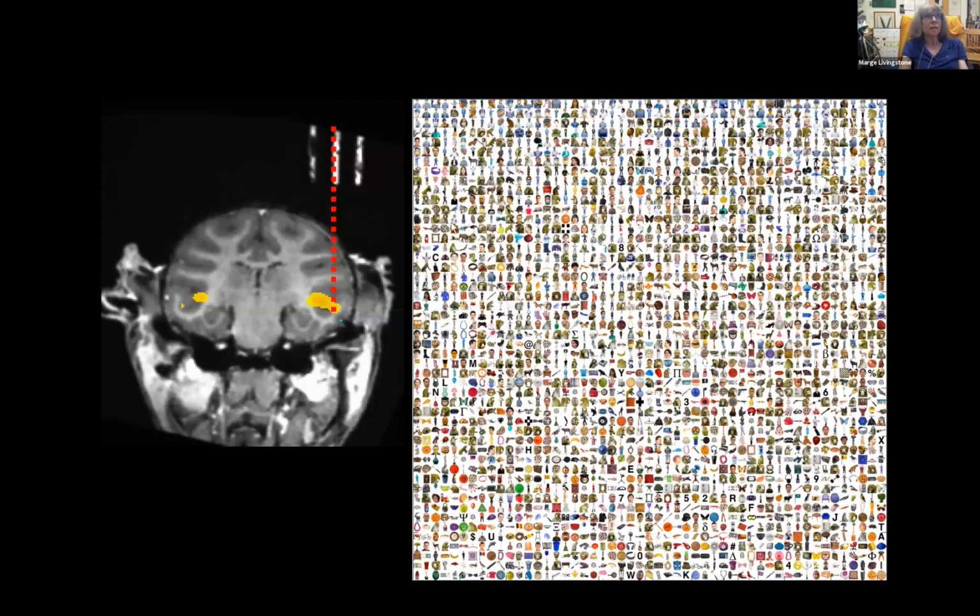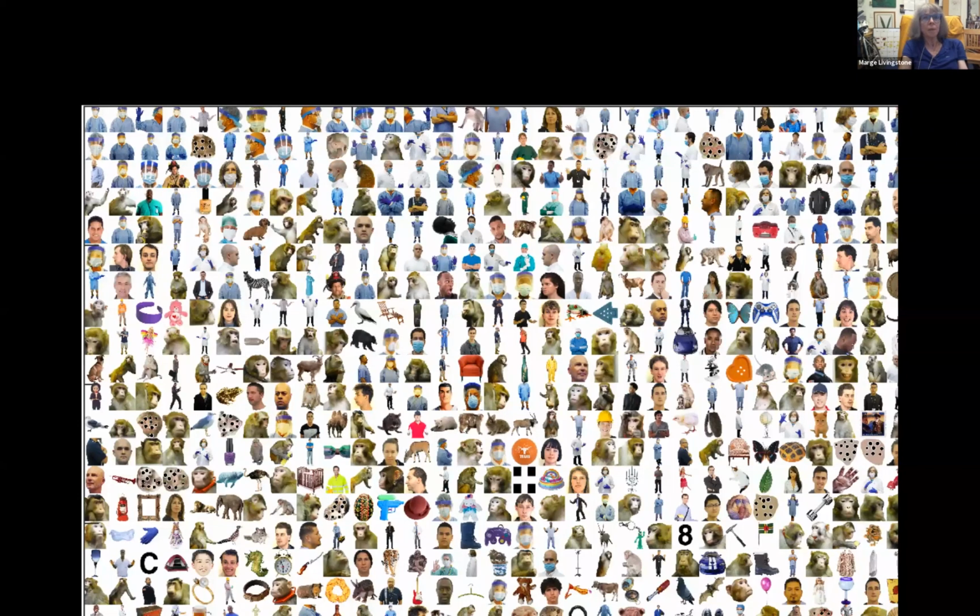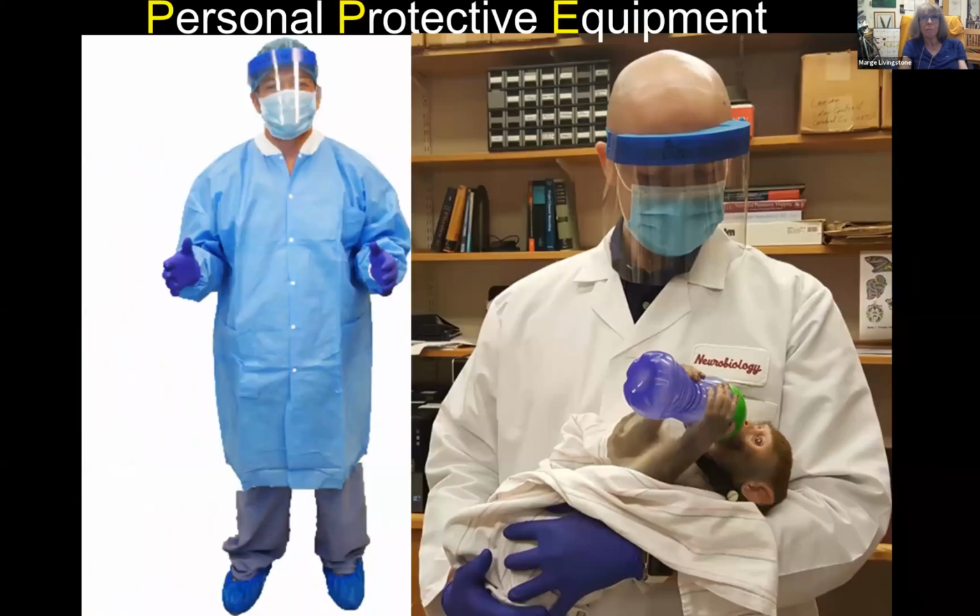Here's another cell in the same face patch, in the same monkey, and its top ranking images are people wearing PPE, personal protective equipment. That's what we wear when we go into a monkey room. There is no way a monkey could have evolved selectivity for people wearing PPE.